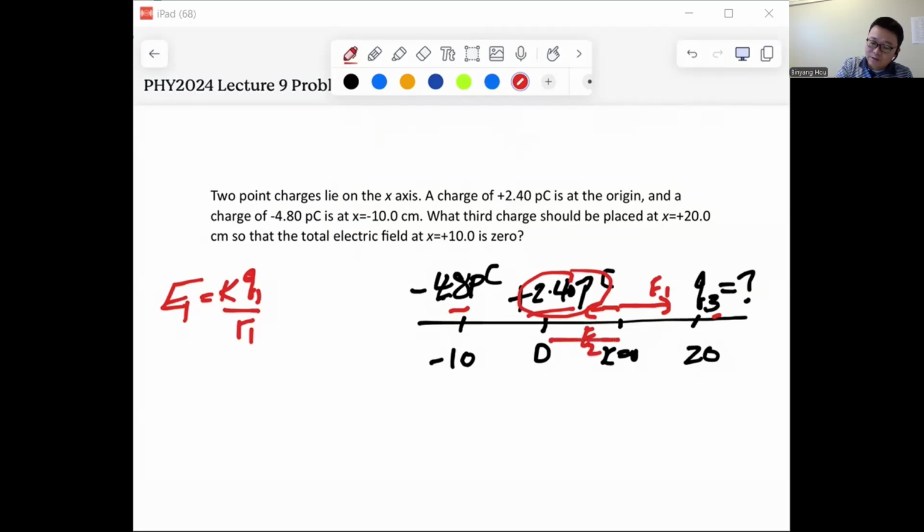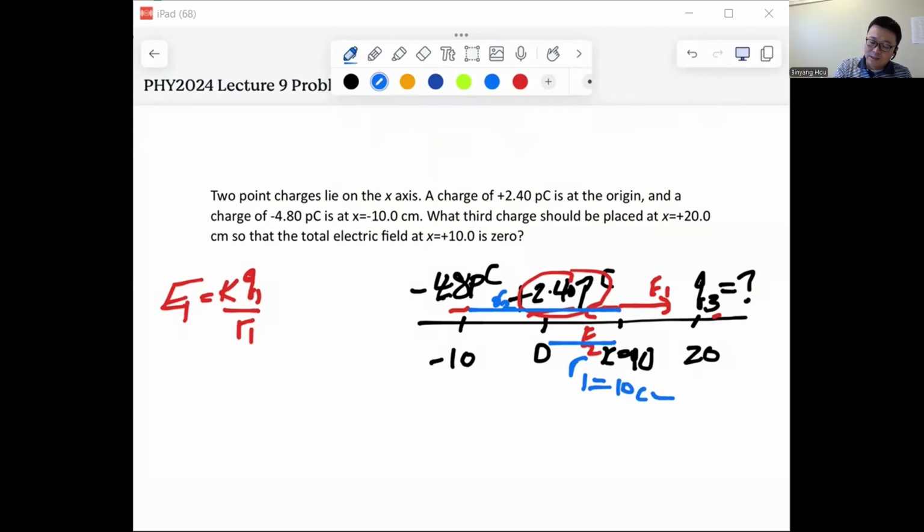So this is R1, and R2 is from here to here. Now R1 is 10 centimeter because this point is at 10. So R1 will be equal to 10 centimeter.